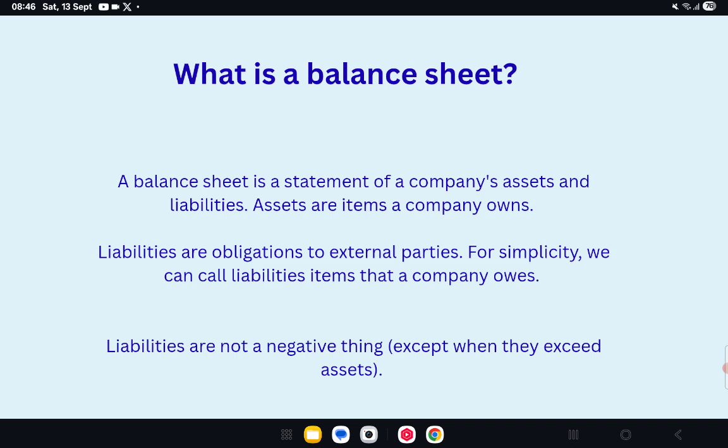So liabilities are simply what you owe, your obligations. They are not negative. They are not a bad thing to have. Liabilities only become a problem if you have more liabilities than assets. And even in that case, like in the case of MTN, you'd see it was a momentary thing caused by the devaluation and all that. So that in simple words is what a balance sheet is.